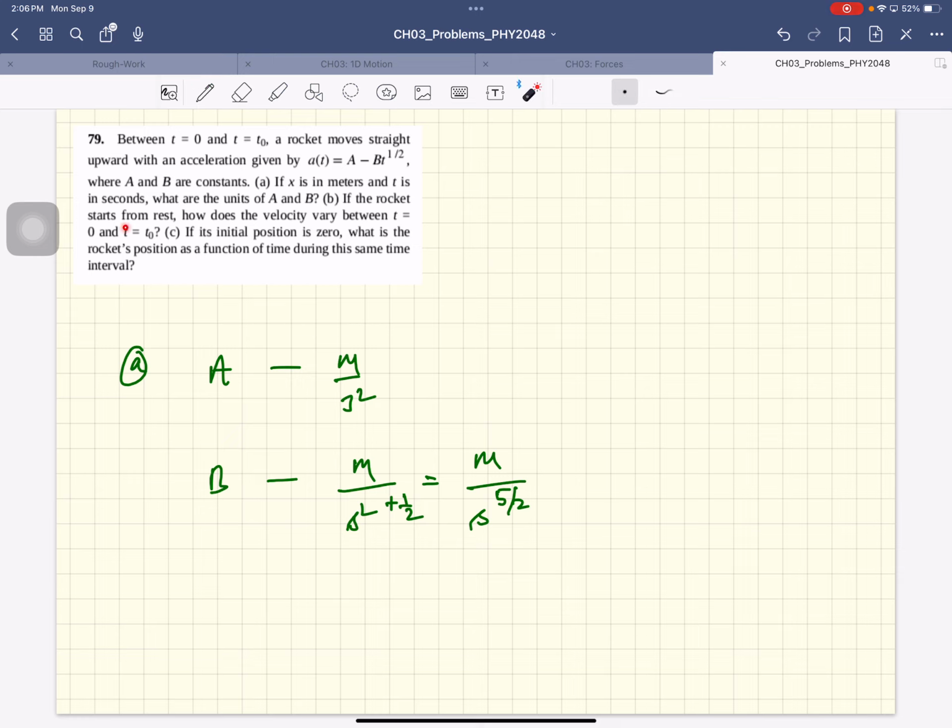If the rocket starts from rest, how does the velocity vary with time? So in part B, if you look at your notes, the change in velocity is given by this function.